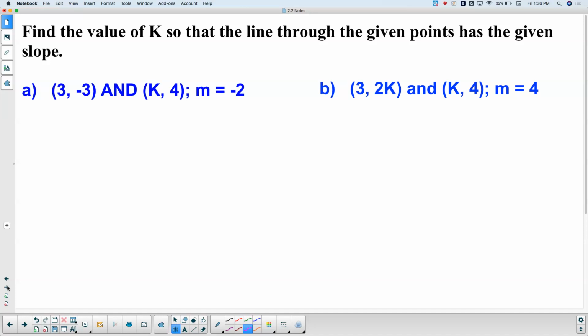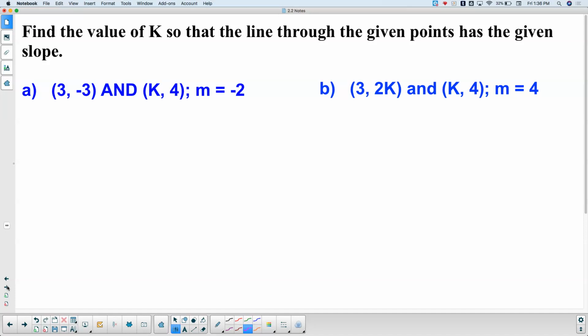Then they give you a value of the slope, and they say, find the value of k, in this case, find the value of k so that the slope between those 2 points is truly -2.